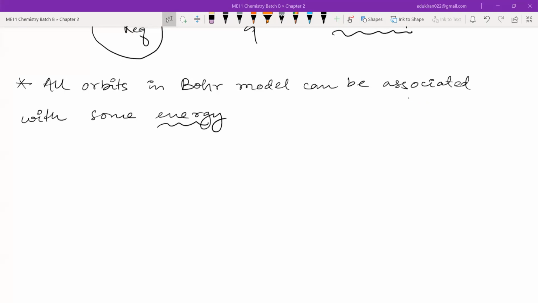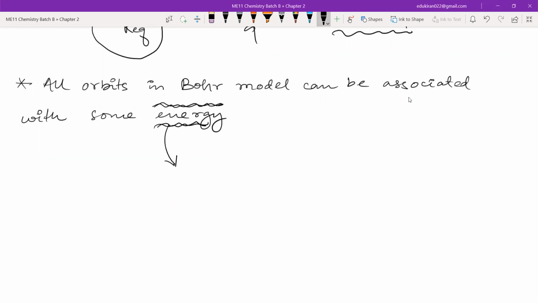Now, this is the last part that is going to tell you here, okay? So please, everyone, please listen. And now, in the next class, you will understand line spectrum. All orbits of the Bohr model can be associated with some kind of energy.